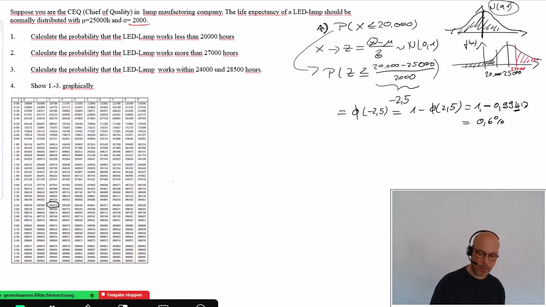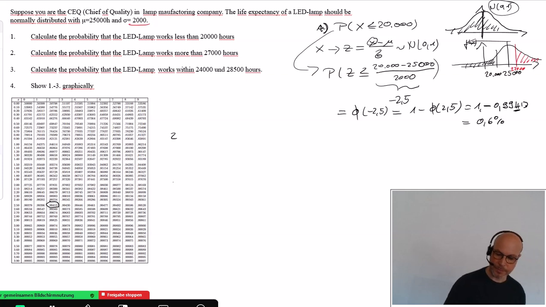So again, we know that one minus the complement is then the probability.